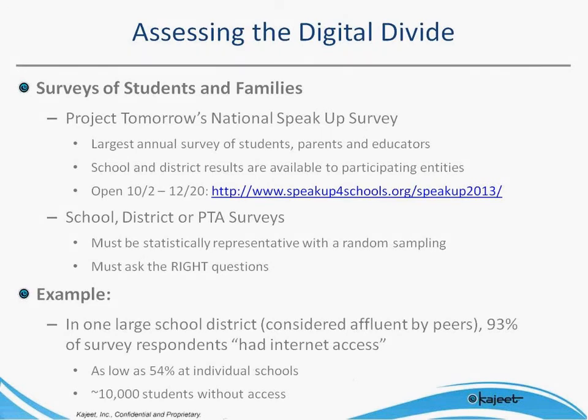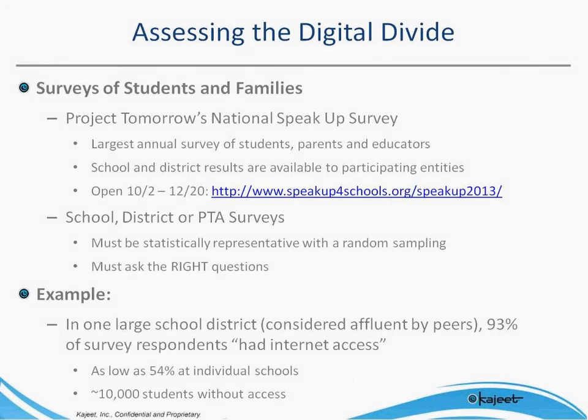When we say statistically representative, this means that within your population of students, you sample some of those students. You don't have to survey every student. You just need to survey a certain sample size to be representative of students across grade levels, across the geography of your district, and across the income levels within your district as well.